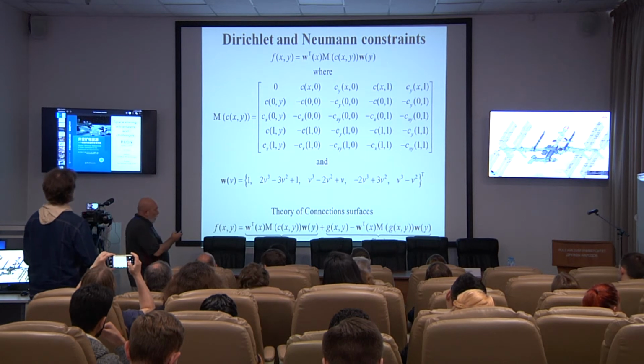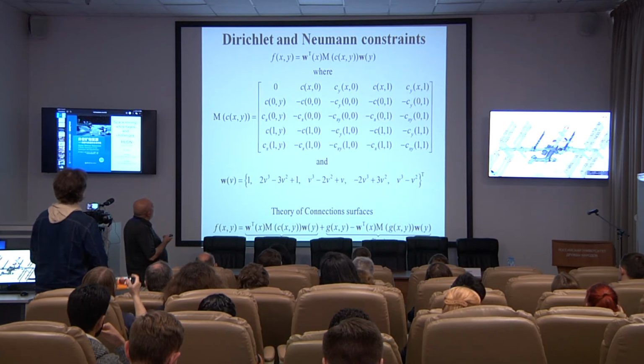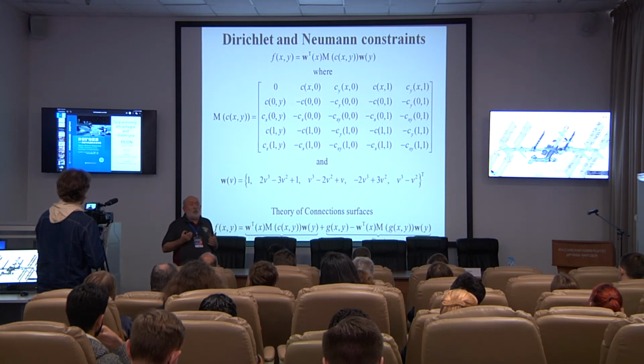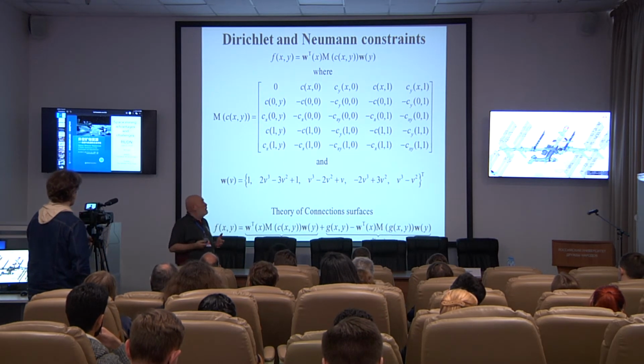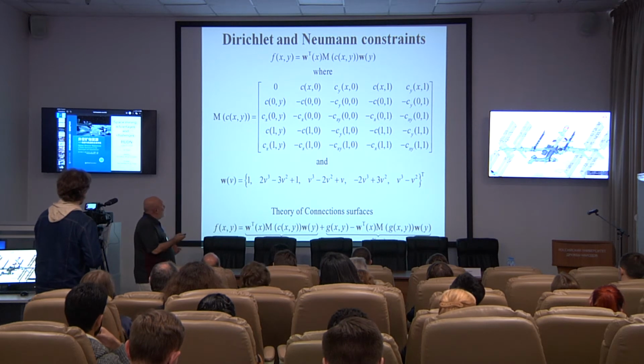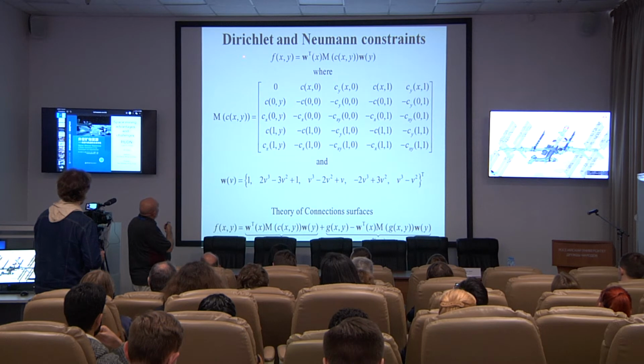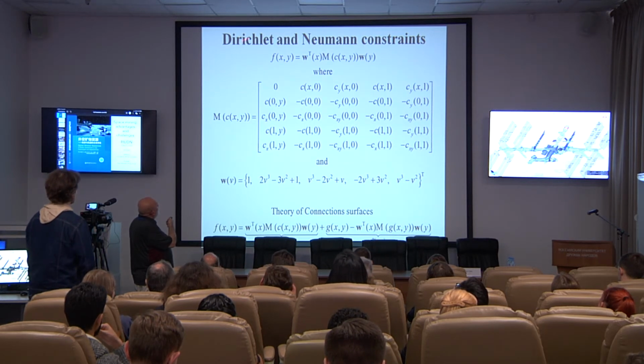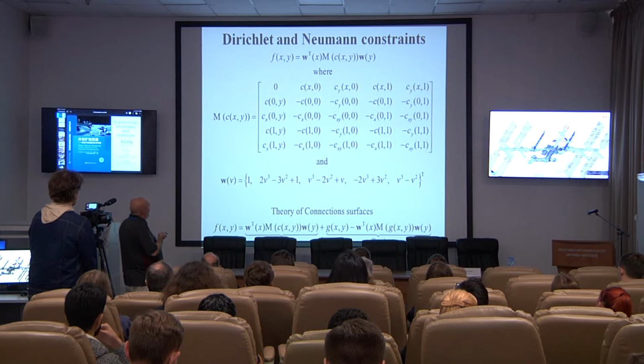Okay. So it's also possible to extend the theory, because we recently started to attack PDEs, to solve not only a function at the edge, but also the derivative, so Dirichlet and Neumann constraints.